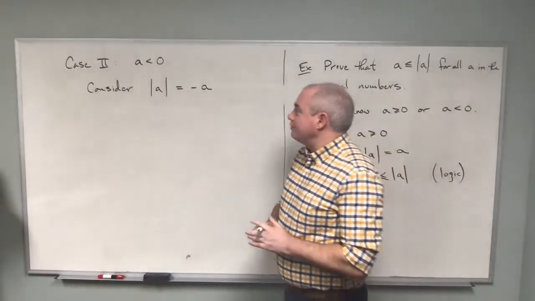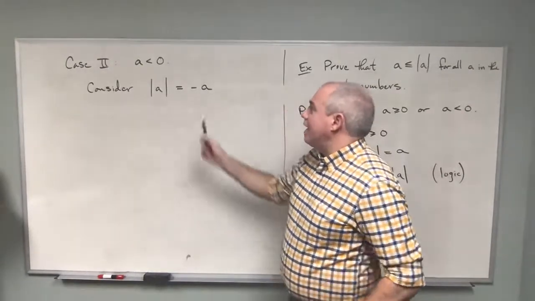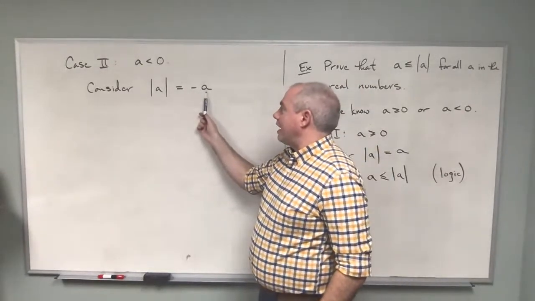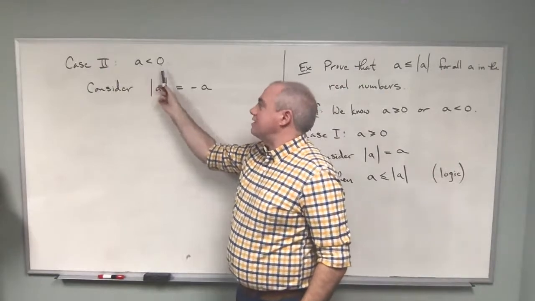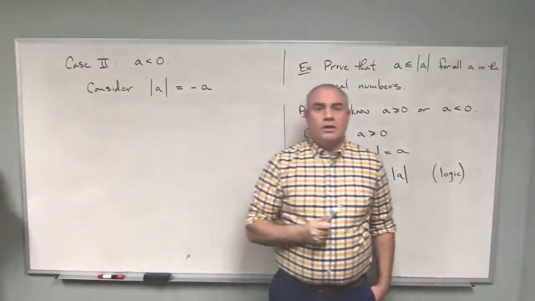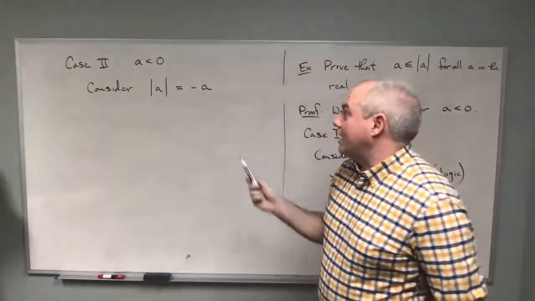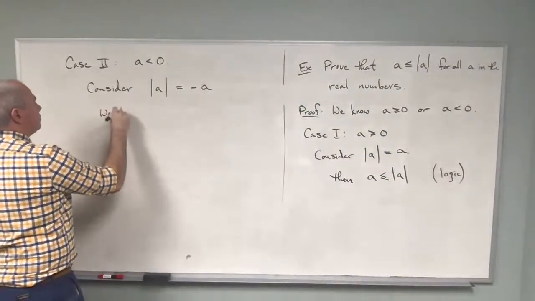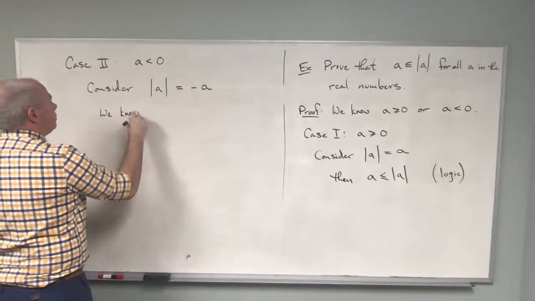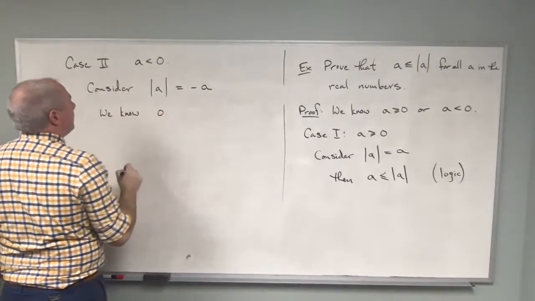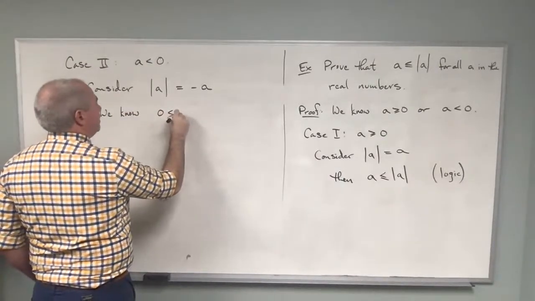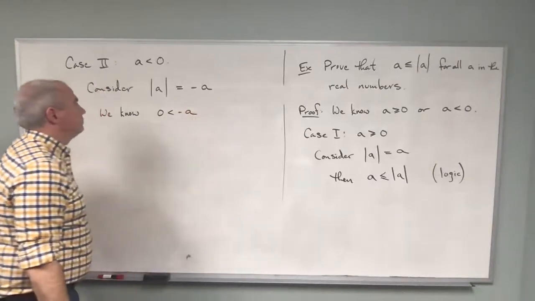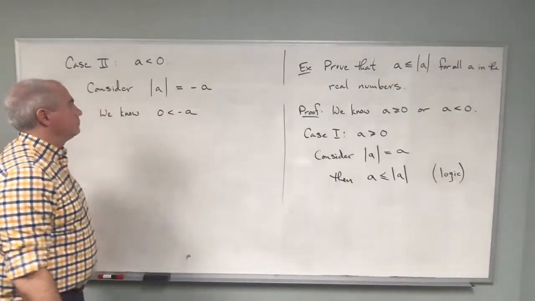I know something about negative A because I know that A is less than 0. So since A is less than 0, we know that 0 is less than negative A. Correct?